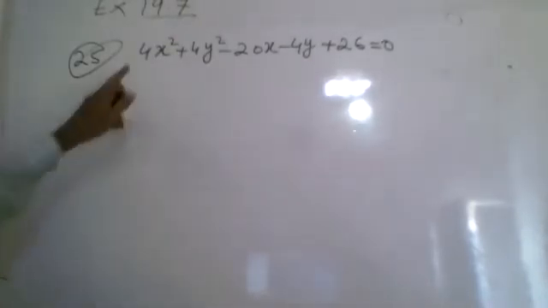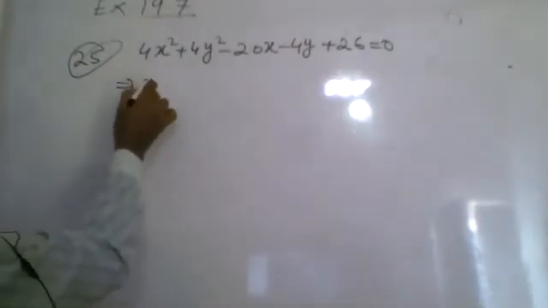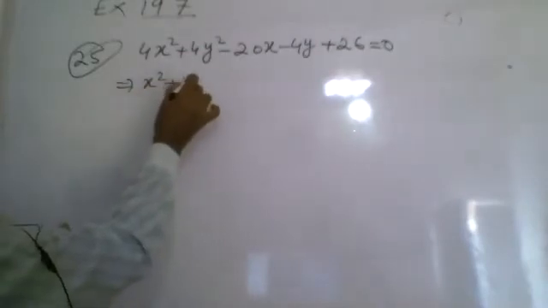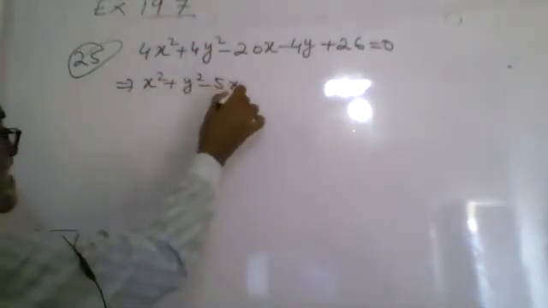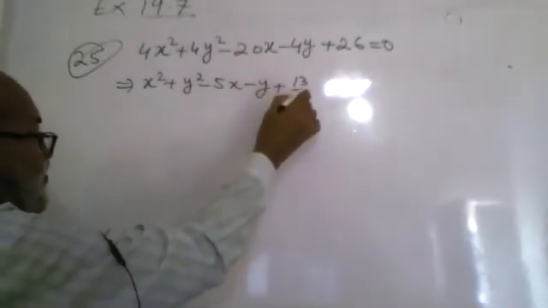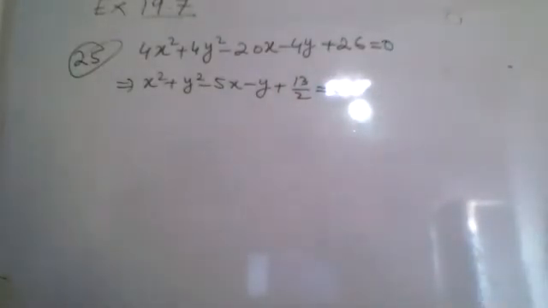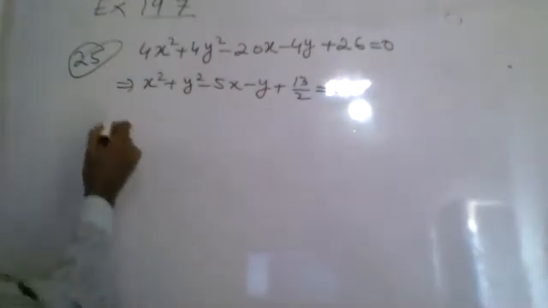We will divide by 4. It will become x square plus y square minus 5x minus y plus 13 over 2 equal to 0. 0 is also divided by 4, so it will be 0. Now we'll find the coordinates of center.